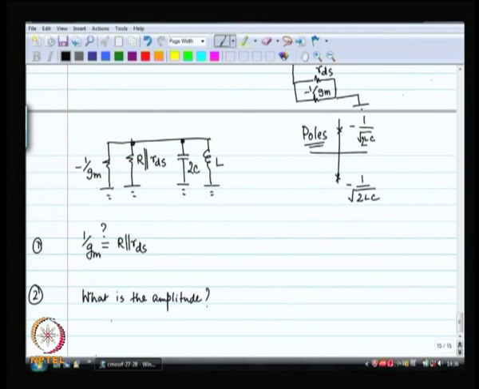So, this is problem 1. Problem 2 is RDS. RDS is also a big unknown. When the process engineers create a semiconductor technology, they in general are not that worried about RDS, and the tolerance on the exact value of RDS could be as large as 200%. So, there is no control over here, and as a result 1 by Gm equal to R parallel RDS is a very hard condition to satisfy.